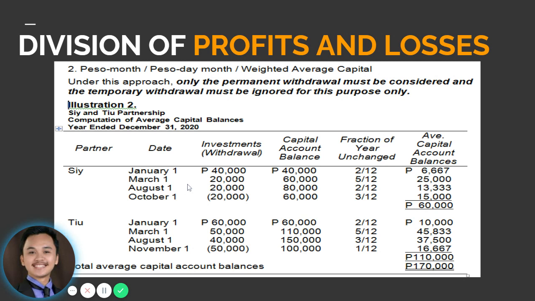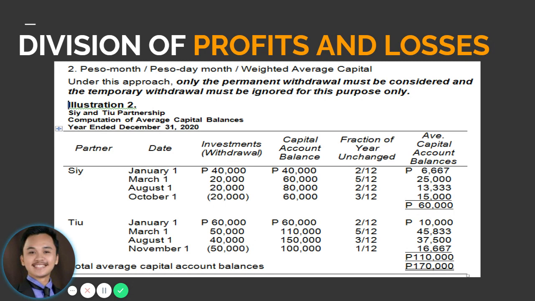So on March 1, there is an additional investment again of 20,000. So it is no longer 40; 20,000 is added to our capital balance. From 40,000 it becomes 60,000. But how many months does that 60,000 remain unchanged? We look at the next entry, that's on August.